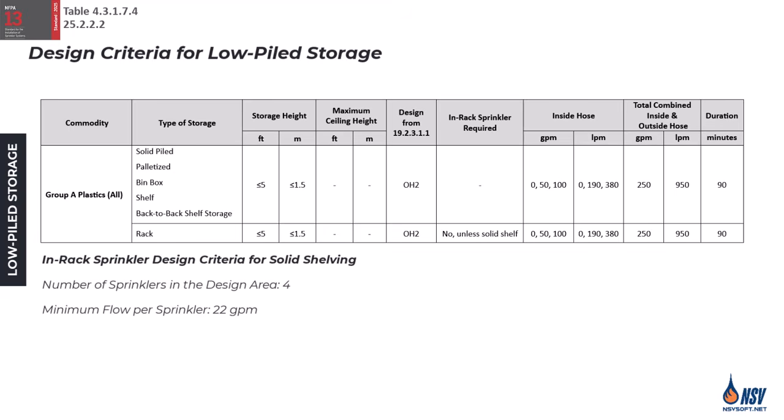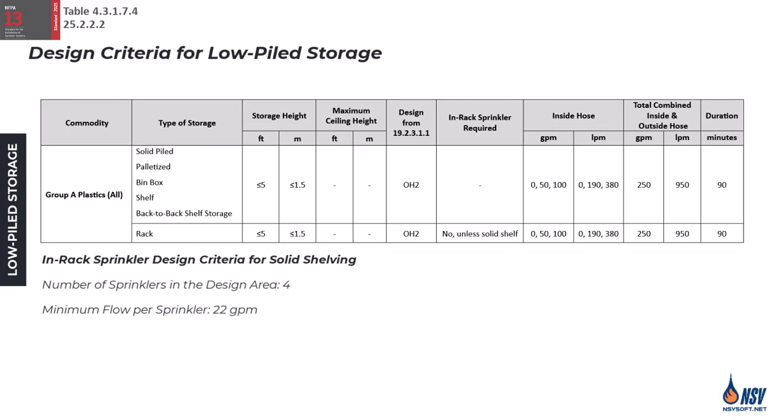Hydraulic calculations for the in-rack sprinklers are similar to those for miscellaneous storage. This means we must base our in-rack sprinkler design on the hydraulically most demanding 4 adjacent sprinklers using a minimum flow of 22 gallons per minute from the most remote in-rack sprinkler.